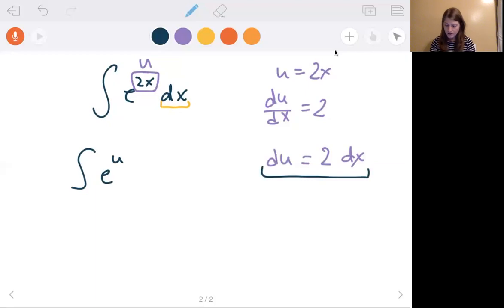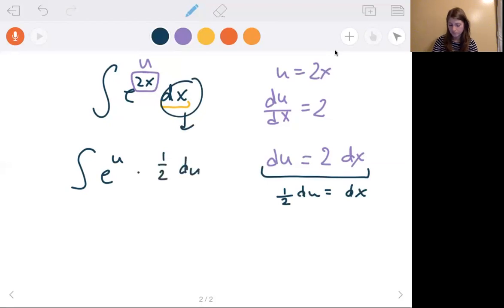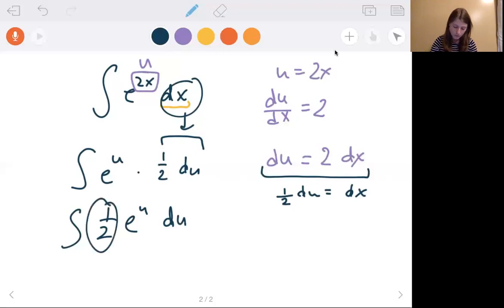I could either write, if I had 2 dx, replace it with du, or another solution is to say, well, if I'm looking to replace my dx, that's going to be 1/2 du. Place it right there. Then what happens is that's a constant. And I can now just pull that constant out.